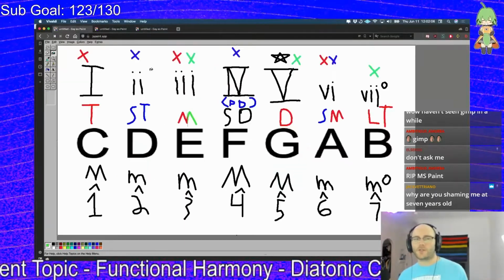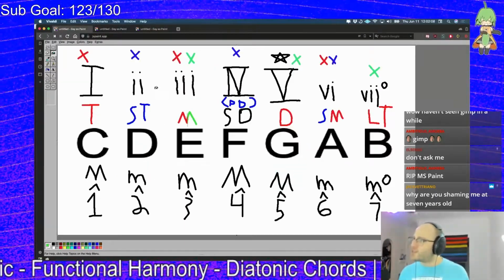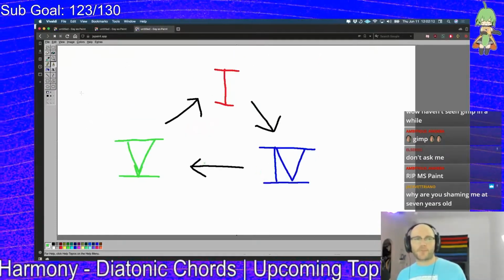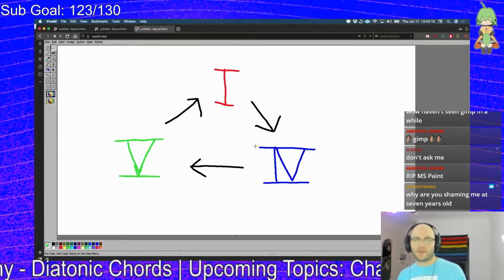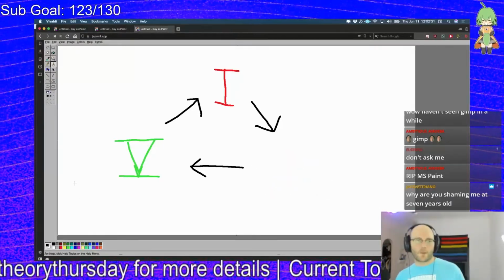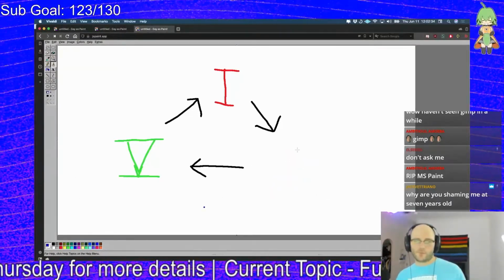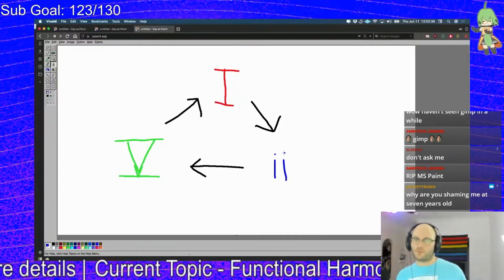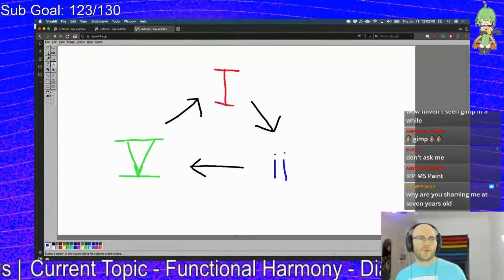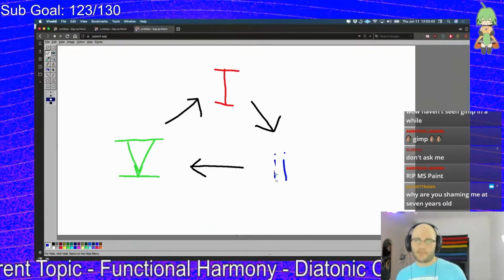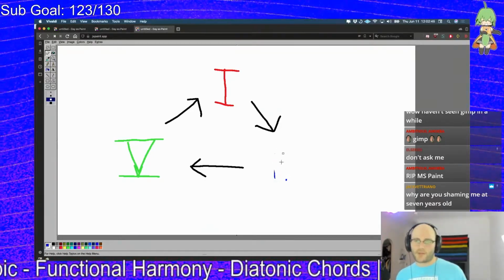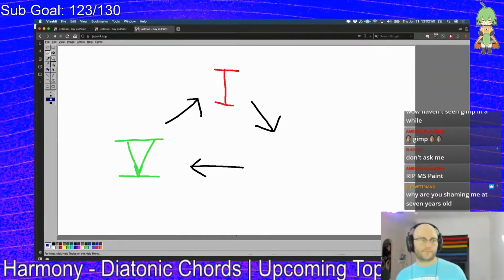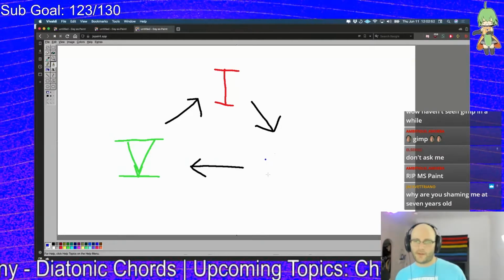These other chords serve as substitutions for this basic framework. You can replace this one with a 2. And the circle holds true. You could replace that with a 6 chord. And it would hold true.